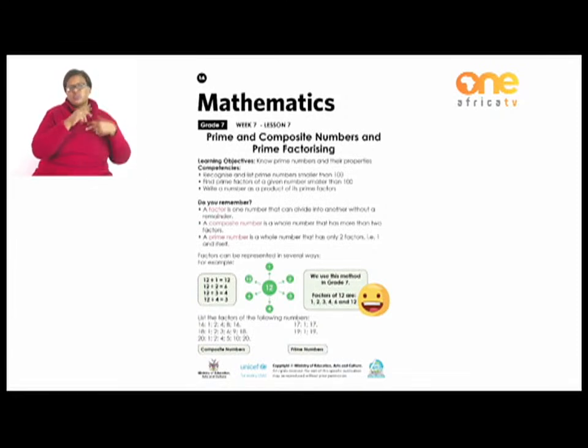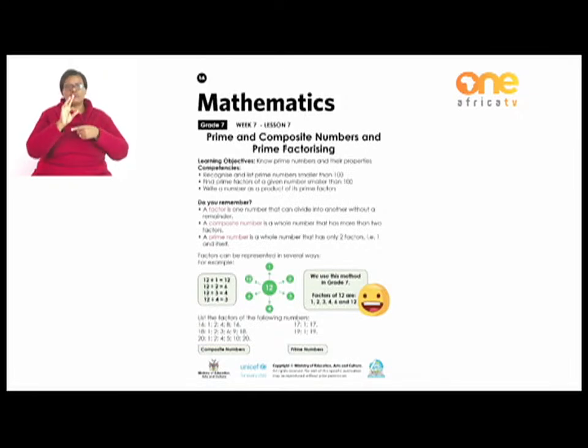The factors of 18 are 1, 2, 3, 6, 9, and 18. Factors of 20: 1, 2, 4, 5, 10 and 20. And those numbers, 16, 18, and 20 are called composite numbers. Why? They have many factors.